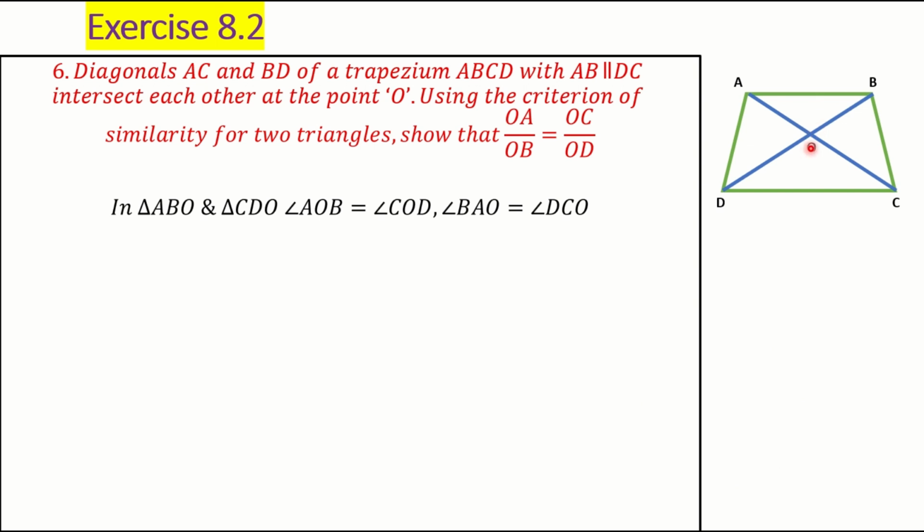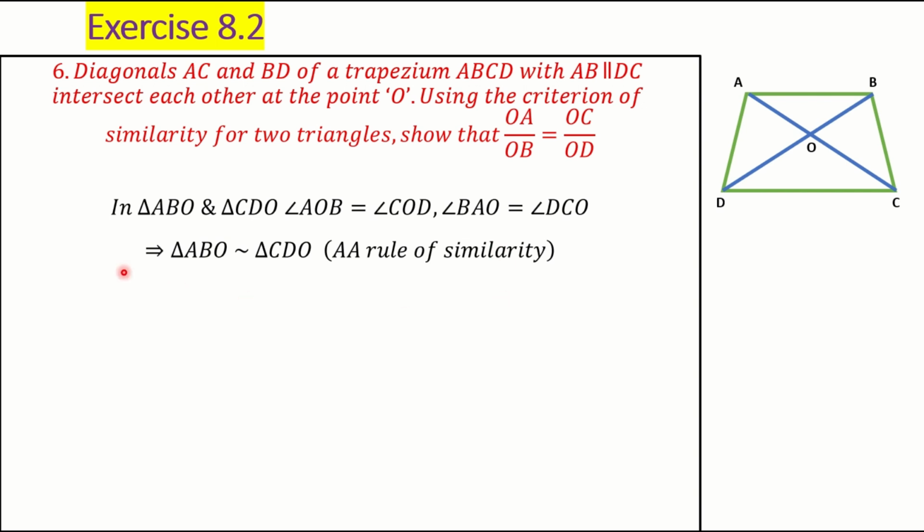This angle is the same, and angle A is equal to angle C because AB and CD are parallel and AC is the transversal, correct? And angle B here and angle D here are the same, so they are similar triangles by the angle rule.